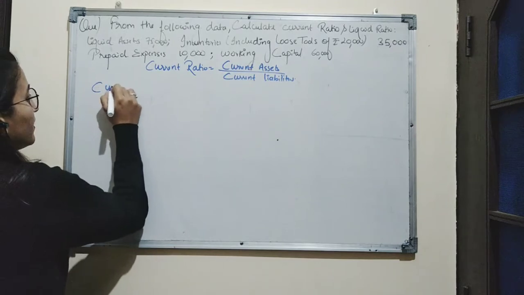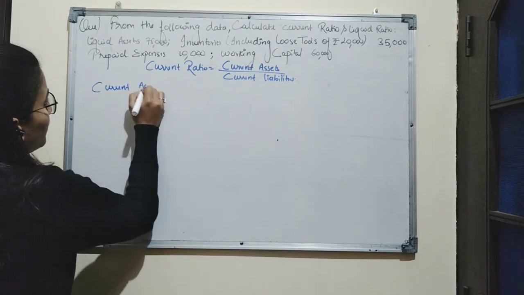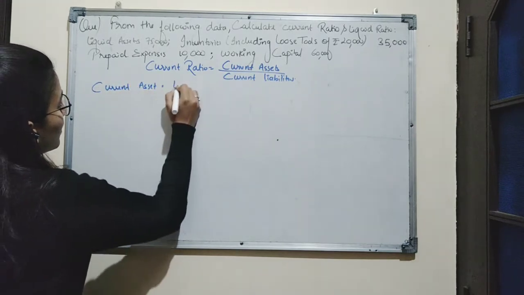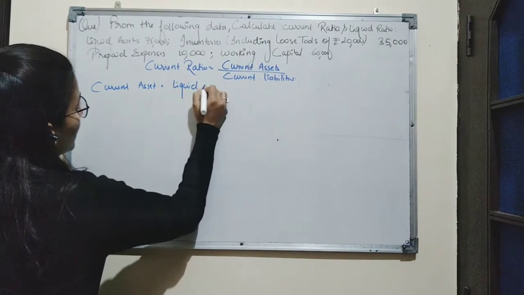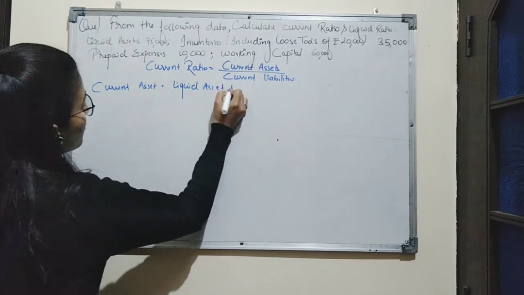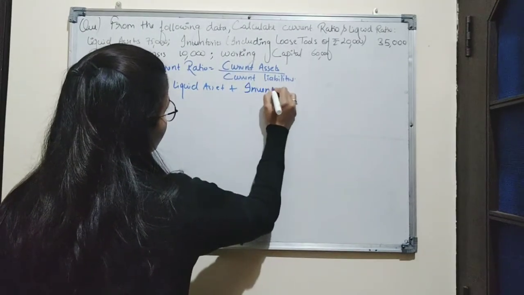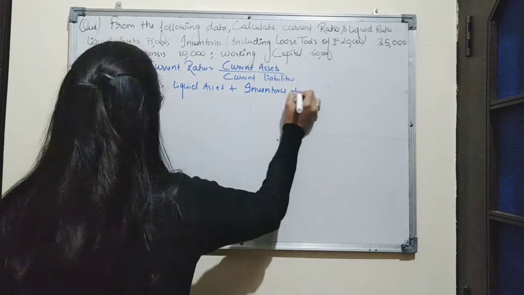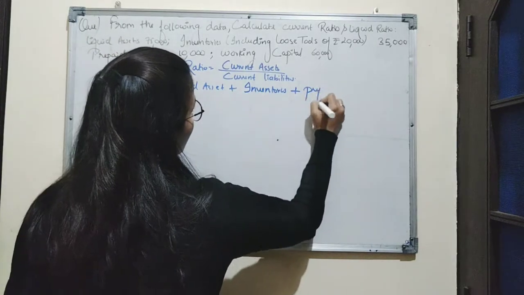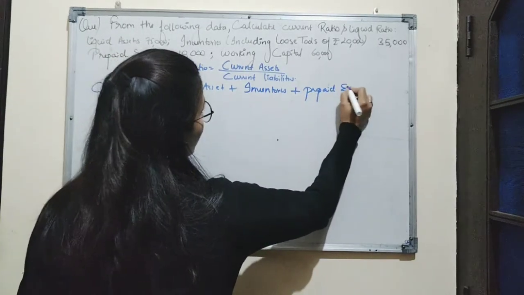So current asset is equal to liquid asset plus inventories plus prepaid expenses.